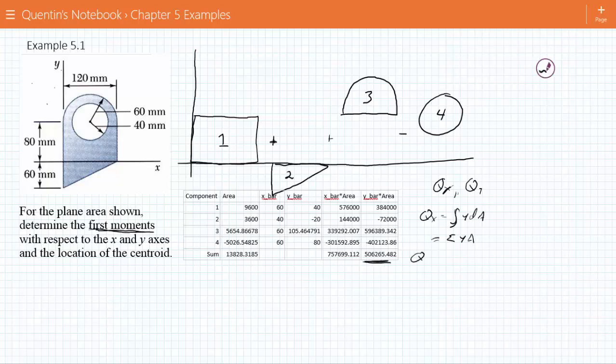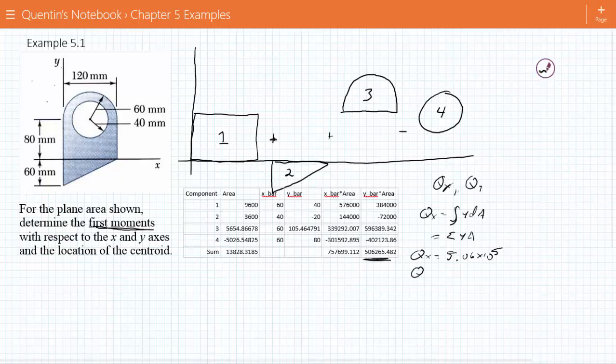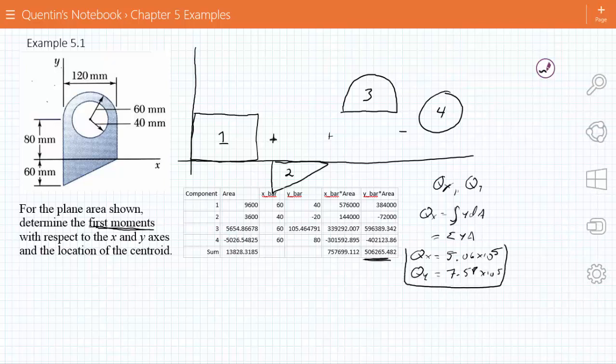So therefore, Qx is equal to 5.06 times 10 to the 5th. And Qy is going to be the other one, 7.58 times 10 to the 5th as well. So there, boom, we have our answers for Qx and Qy.